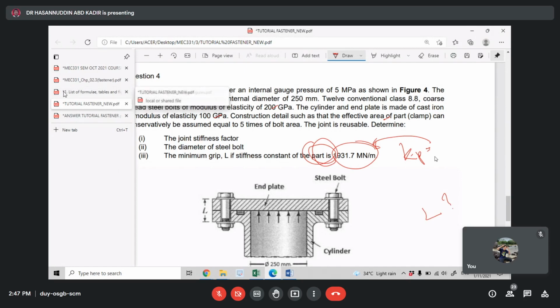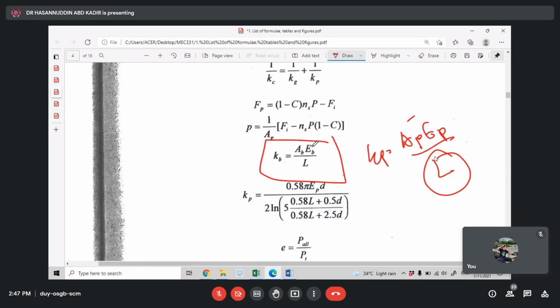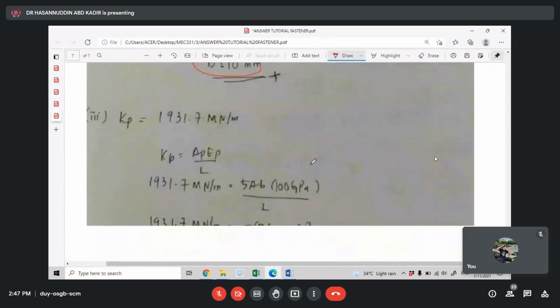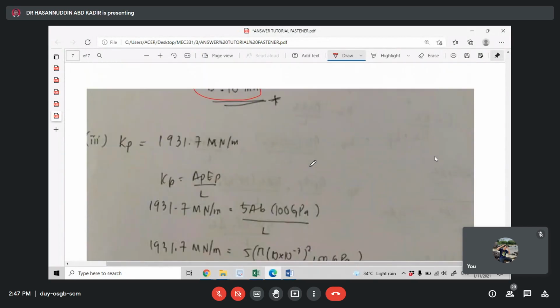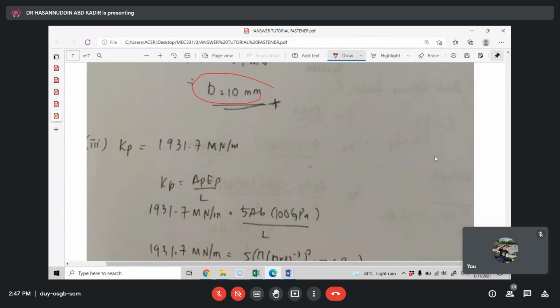From the list of formula, the E you already know. The EP is already given. The length you need to find, and AP you can also get. So this is a new KP, stiffness of part, and you need to find the value of L here.